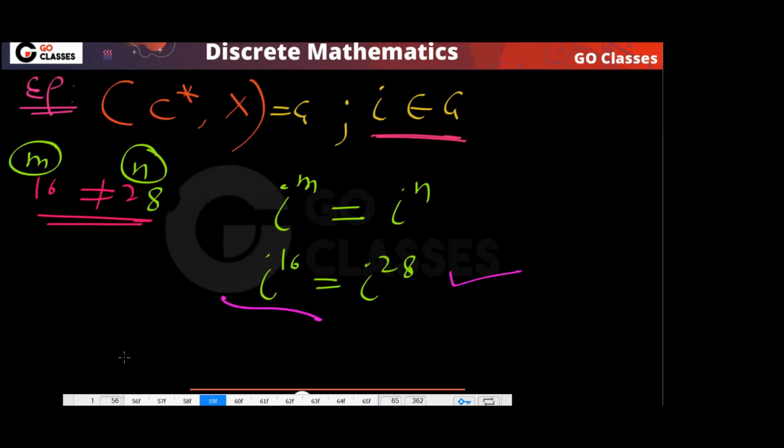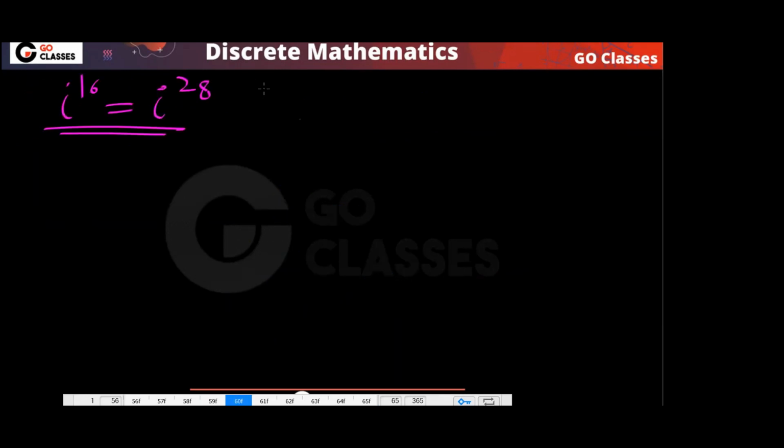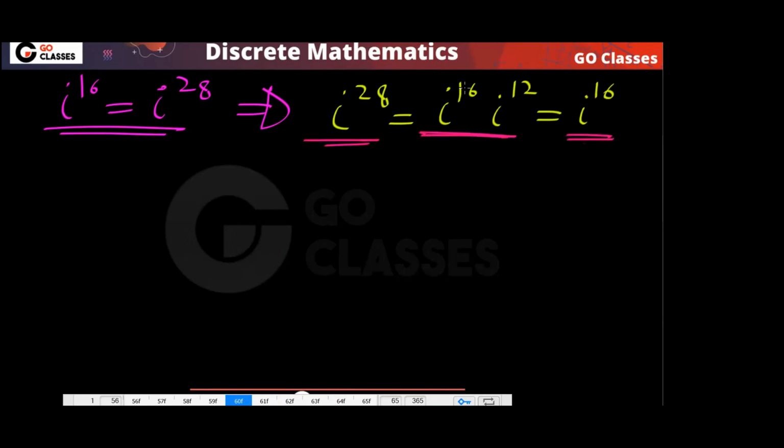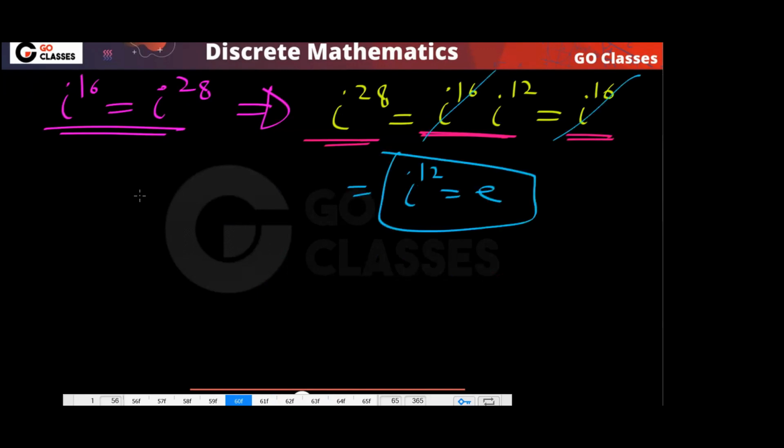So what it means, from this you can notice, iota power 28 I can write like this, and this is the same as iota power 16. This is a group, so you can cancel them out. So what I will get is iota power 12 is equal to the identity element. I can say iota power 12 is the identity element.